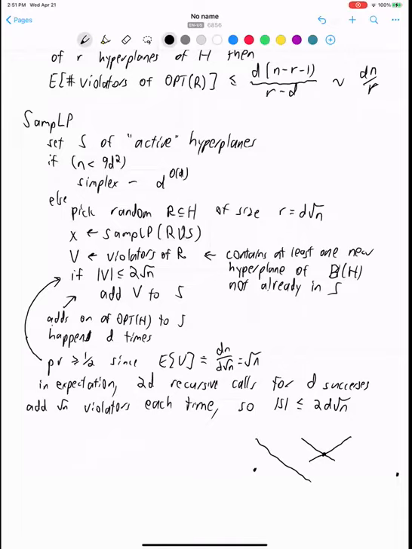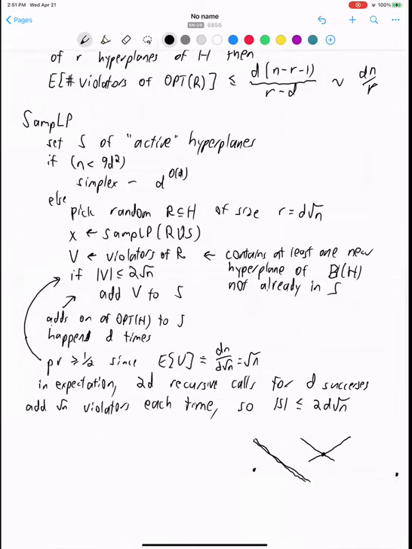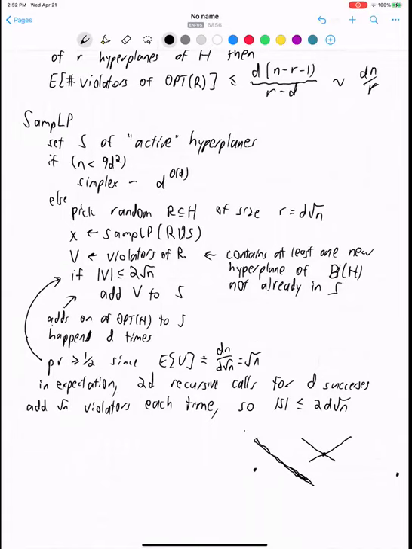But it is true that when we choose R, R tells me where I'm going to find the optimum in my recursion, but it doesn't tell me which hyperplanes that optimum is going to violate. If R is only one hyperplane, it's not enough to define a vertex. I'd have to choose 2 of them.